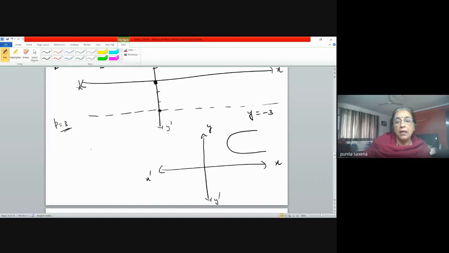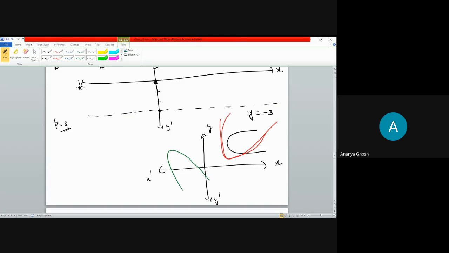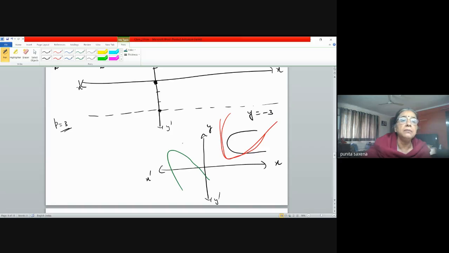Something like this. कहीं भी हो सकता है ना पैराबोला तो. So अभी हम इन पैराबोलास की बात नहीं कर रहे. We are not going to leave them. We'll do it.